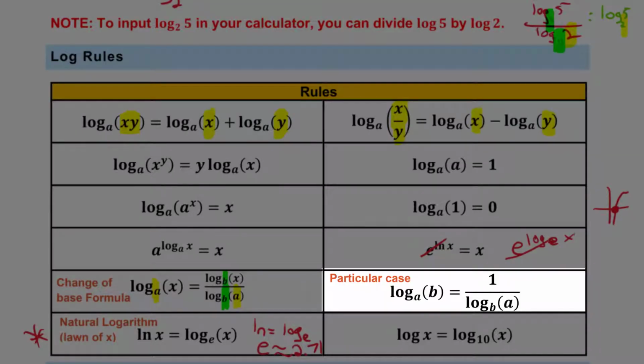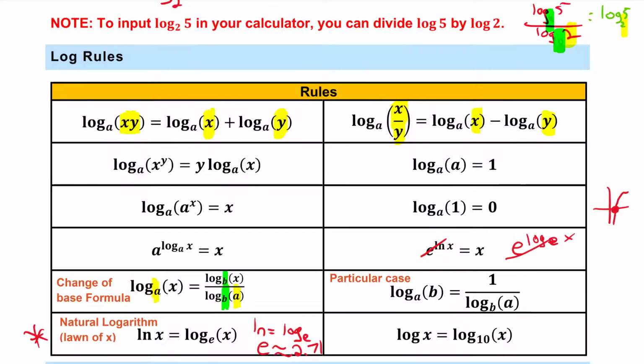On the right is just a particular case of the change of base formula, and that's because we would have log base b of b, and log base b of b is simply 1. So that's why we get this 1 here. So don't worry too much about this one. It's better to learn the general rules, and then the particular cases will figure themselves out.